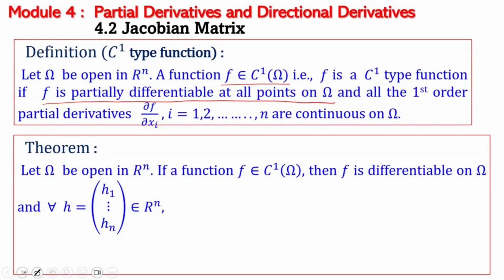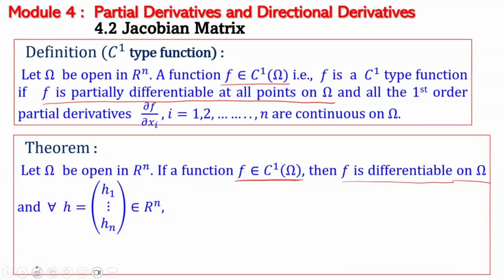Now we have a theorem that gives a relation between the functions in C1 of omega, that is, how a type C1 function is related to the derivative. It says that if f is in C1 of omega, then it is differentiable on omega.